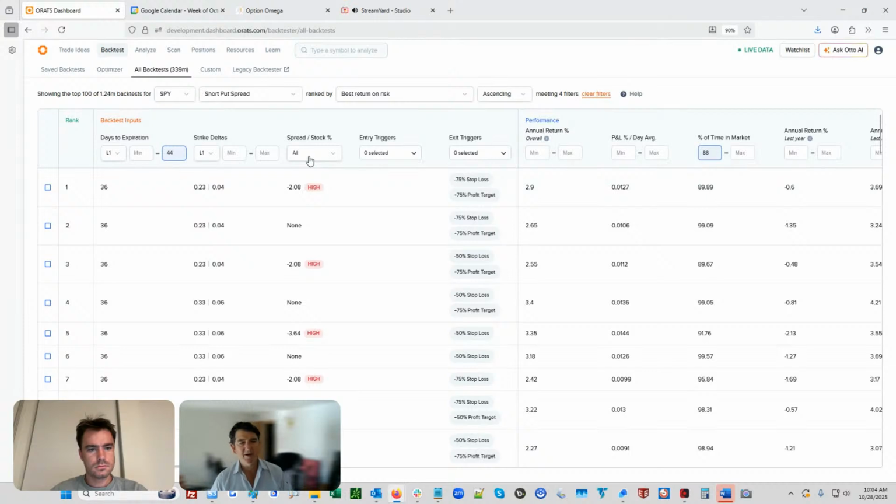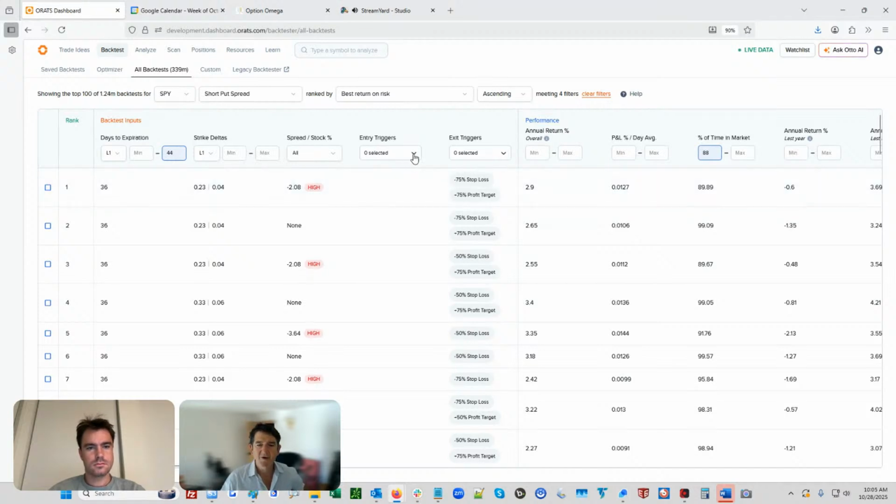Spread divided by stock is basically the spread price divided by the stock price, and that's a percentage. So we want it to be less than 2%. That's what we would call a high negative percentage. Some we test with none, but only test this strategy with those types of premiums.